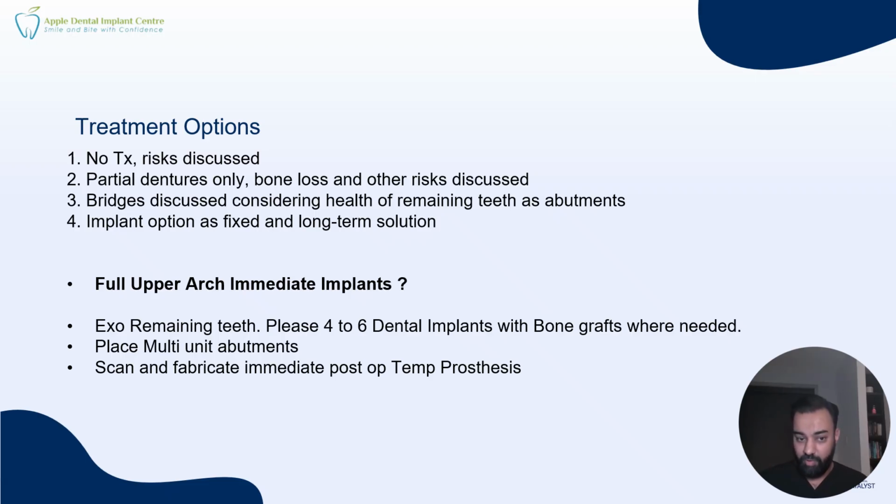So once again, our plan is to do immediate implant placements after extraction of all of his upper teeth. We are planning to place between 4 to 6 dental implants. I will place bone grafts in the sockets and where else required with PRF. We will place multi-unit abutments, multi-angled abutments to correct the angulation of our implants, post-operative scan with a photogrammetry and intraoral scanning system, and we already have a design of his dentition in mind.